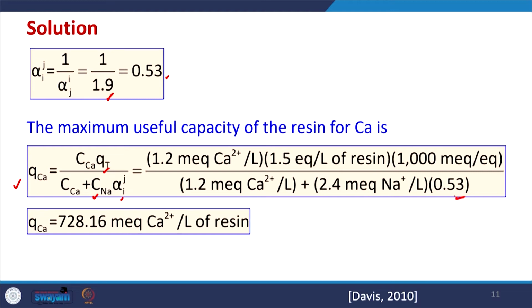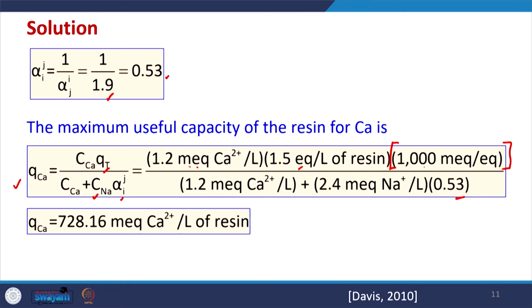It is already written. Now, if we try to solve it without conversion, the units will not be correct. So, here we have converted the milliequivalent, with respect to sodium or calcium, into equivalent. Because for the resin it is equivalent, but for calcium it is in milliequivalent.